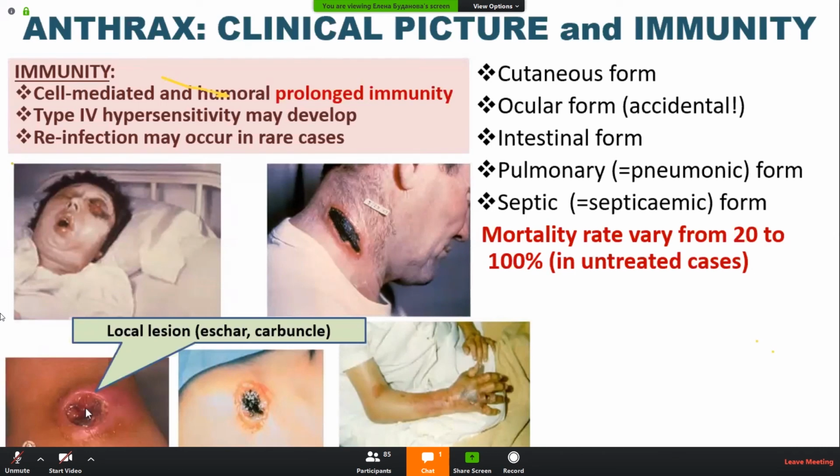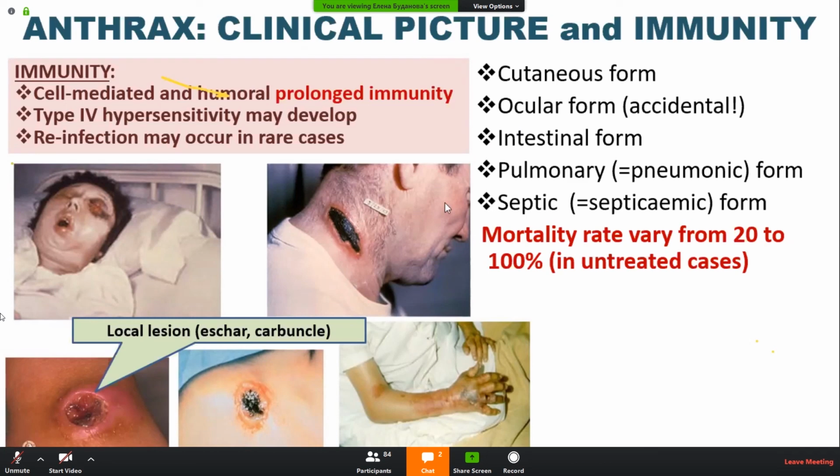Well, and here portals of entry, you can see maybe it is due to a fur coat made of diseased animal hide. You can see it touches the diseased hide of an animal here and here, and this is due to accidental touch to the eye. It is ocular form of anthrax.